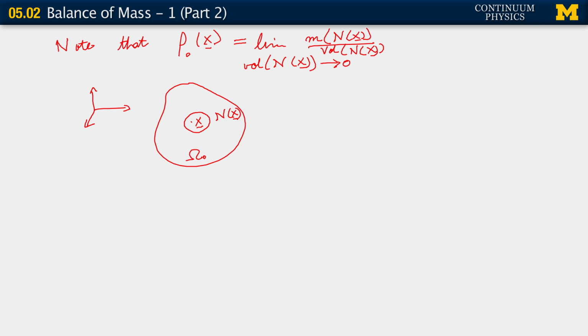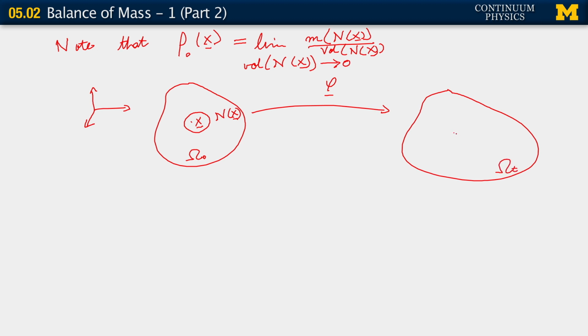But you observe that this sort of thing immediately makes clear to us how to think about the mass density post deformation. So under the deformation, we have omega sub t.